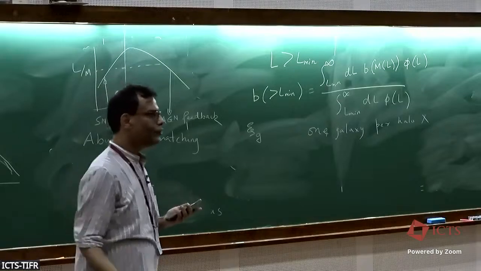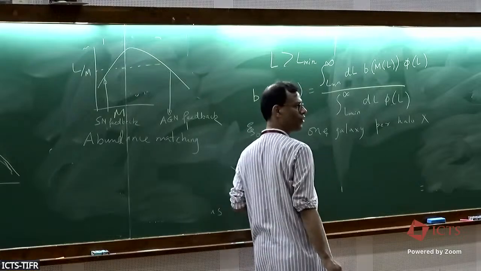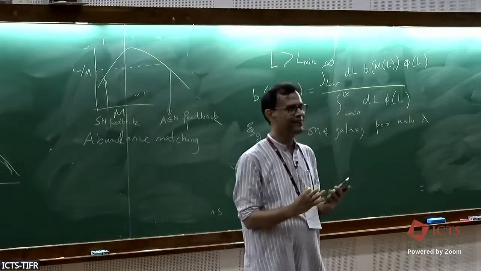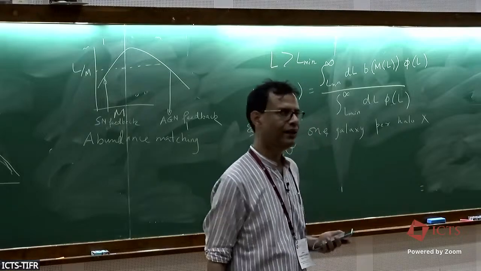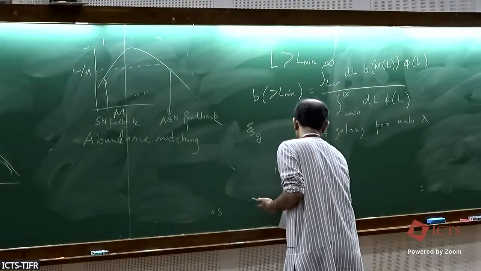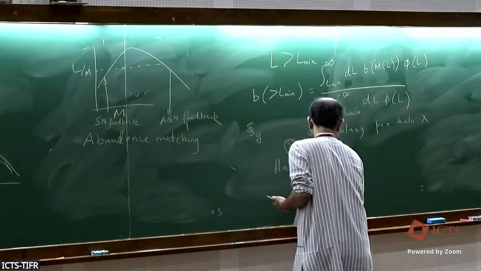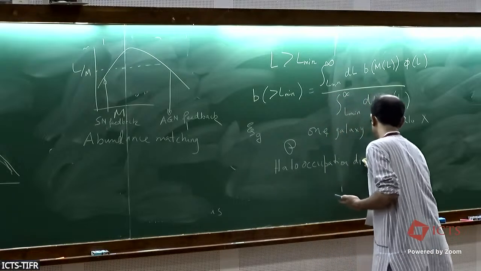Okay, so you have to characterize everything by a probability distribution of number of galaxies in a halo of mass M with some luminosity L. This is known as halo occupation distribution, or HOD.